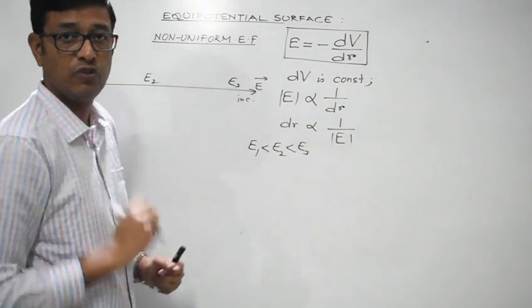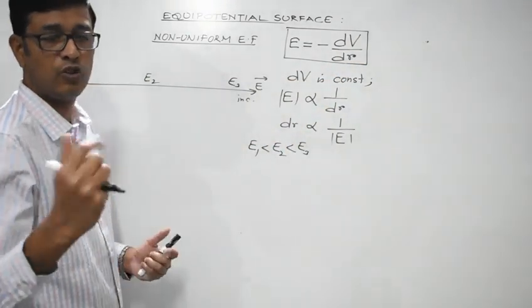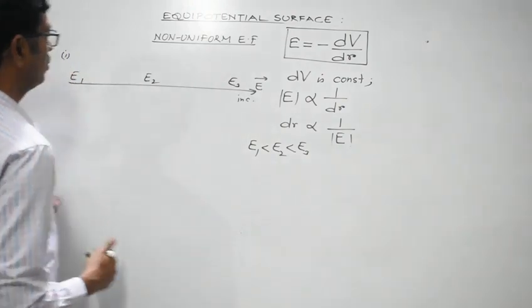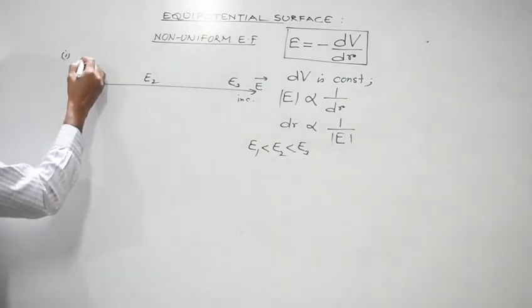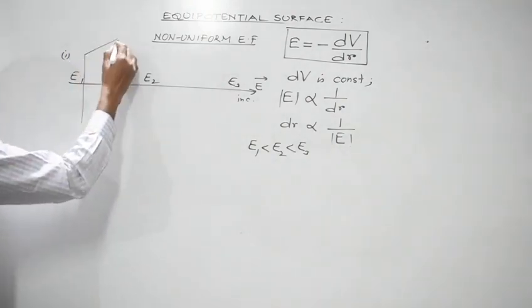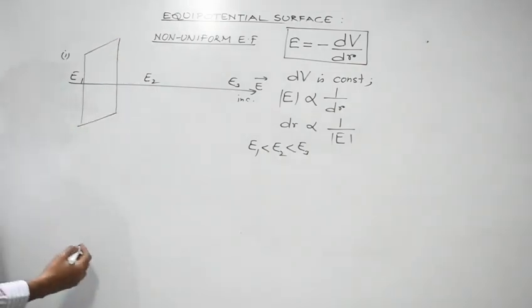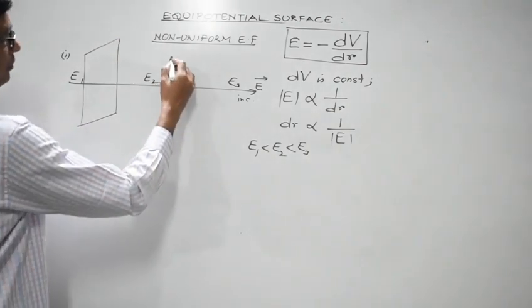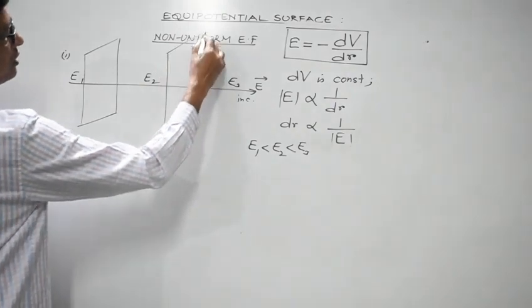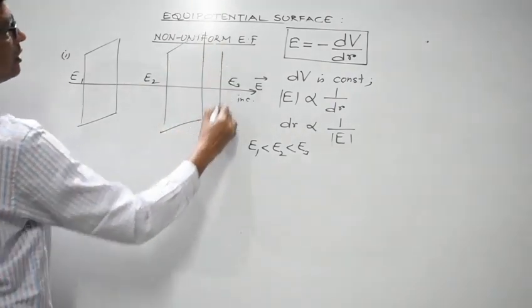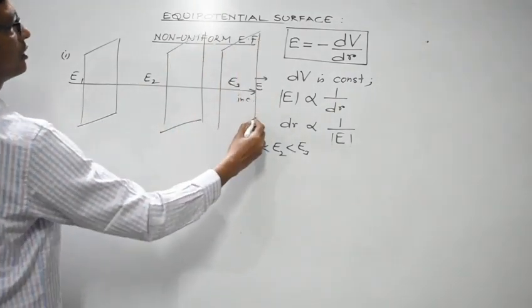So, it is non-uniform. We need to draw three or four equipotential surfaces, so we'll draw like this. This is the first equipotential surface, this one is the second equipotential surface, and this one is the third equipotential surface.